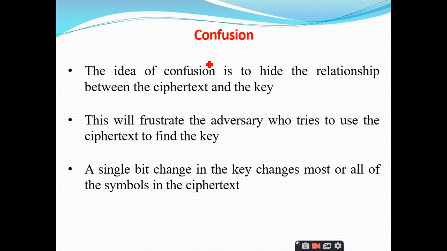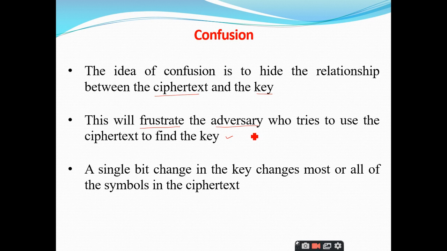And coming to confusion, the basic idea behind confusion is to hide the relationship between the ciphertext and the key which we are using for the encryption or decryption purpose. The main reason for this property is that it will frustrate the adversary who tries to use the ciphertext to find the key.